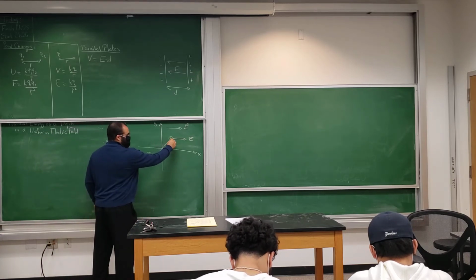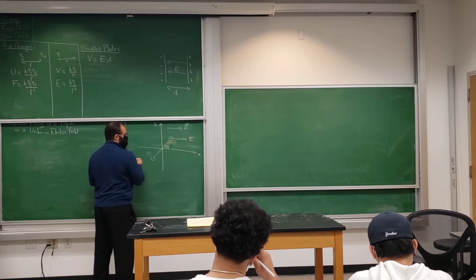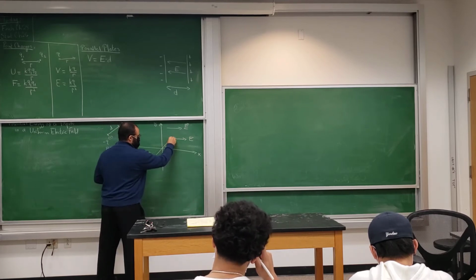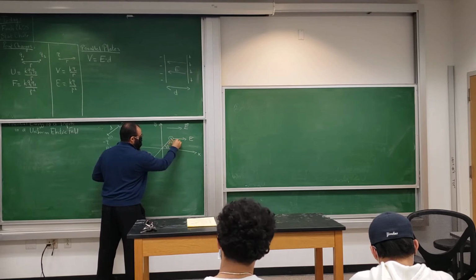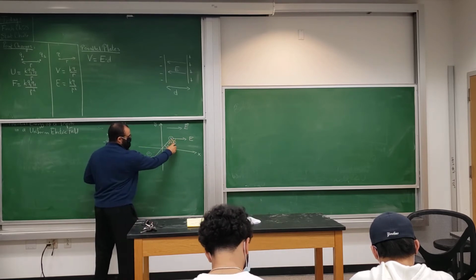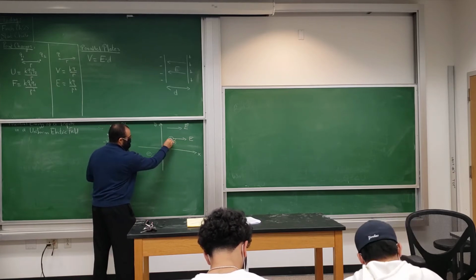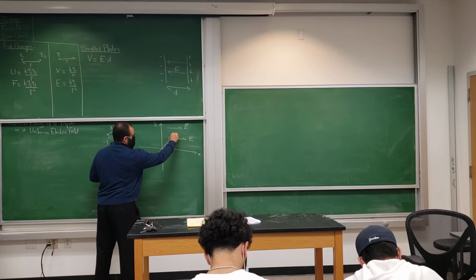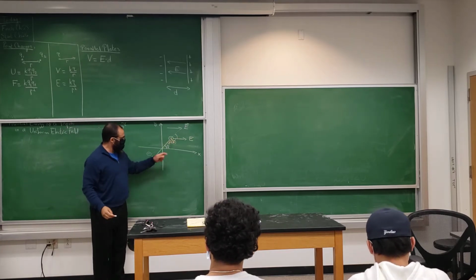Now, this plus used to be here and moved here, so it was displaced from here to here. The displacement looks in this direction, and this is the angle between the displacement and the electric field. Now this angle from here to here is phi. So this angle here is what? 90 minus phi.